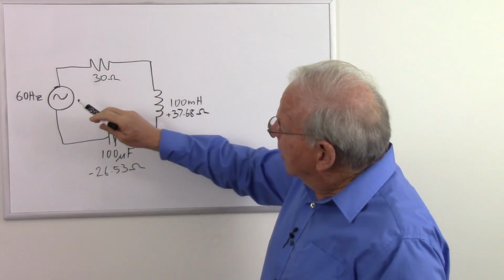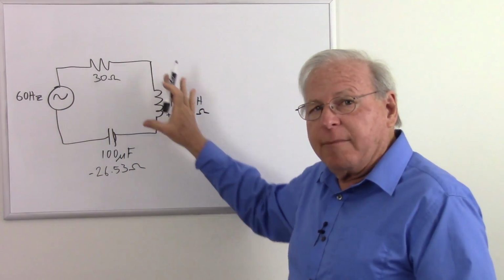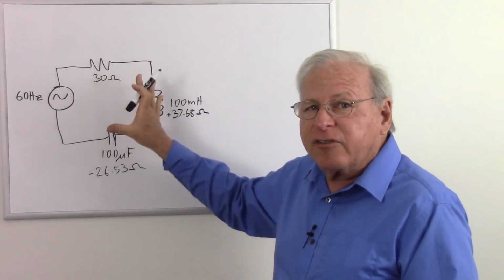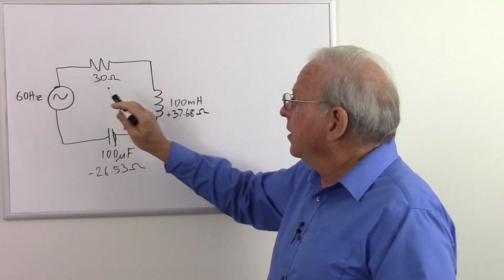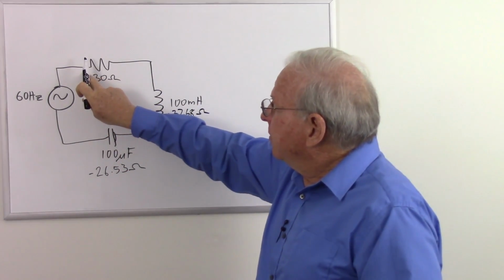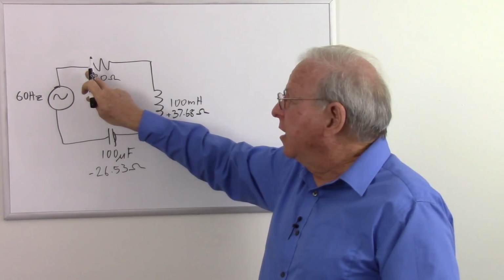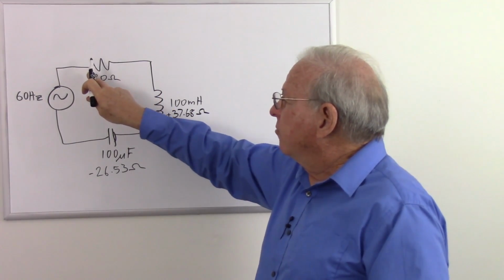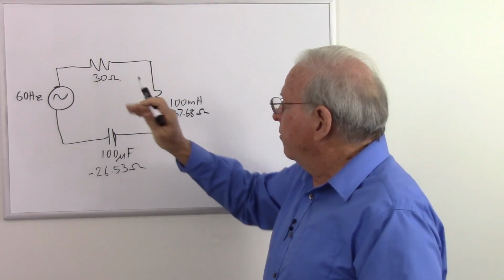So don't forget that this being a series circuit, the current's going to be the same everywhere. So there's no phase angle for the current. That's our base measurement, if you will. So the phase angle of the voltage in the resistor, there is none, because there is no reactance there. So if we increase our current, we increase our voltage, and vice versa.